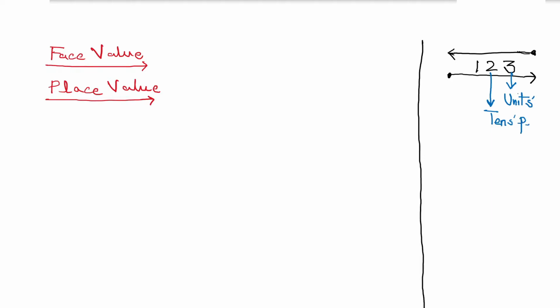So this is the tens placed digit. Then when we are talking about 1, this is nothing but the hundreds placed digit. So this is nothing but the hundreds place.